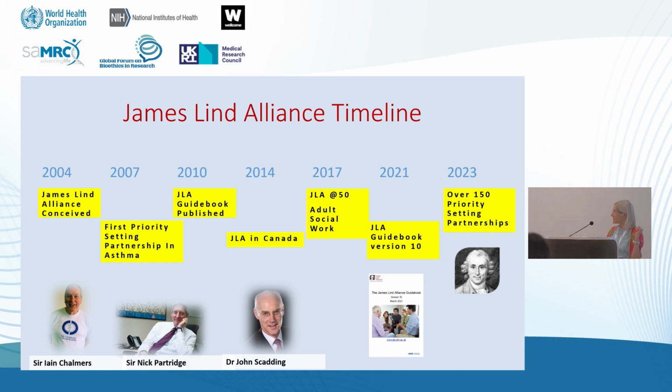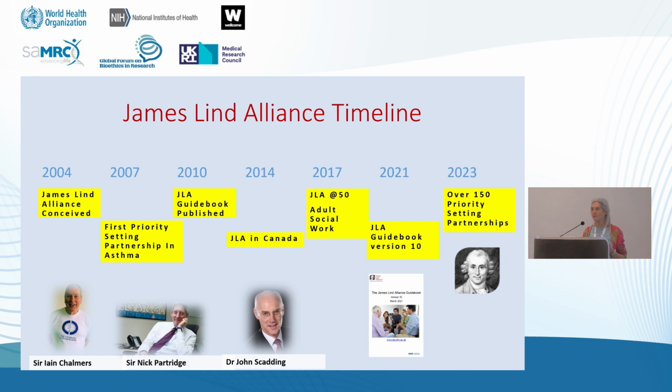One thing is, James Lind Alliance is an initiative. It's not an organization. There are about 4 people who work with the National Institute of Health Research, who sponsors the JLA, who kind of are custodians of the process.